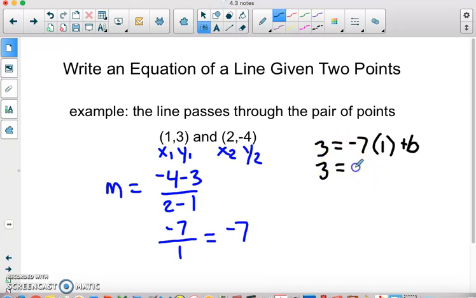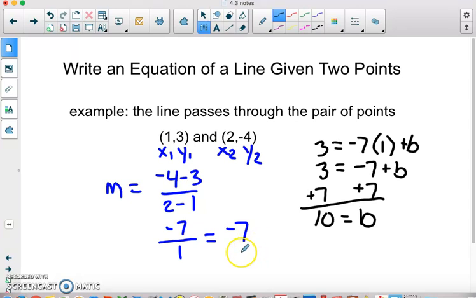So negative 7 times 1 is negative 7 plus b. To get our y-intercept by itself, we can add 7 to both sides, and I have 10 equals b. So now that I have my slope and my y-intercept, I can write my equation in slope-intercept form: y equals negative 7x plus 10.